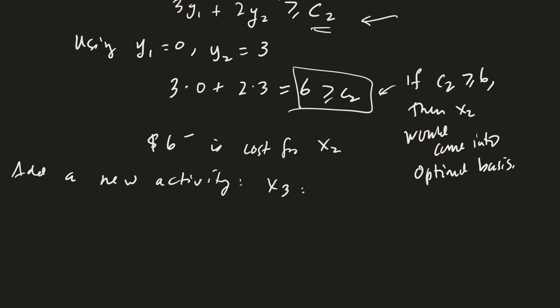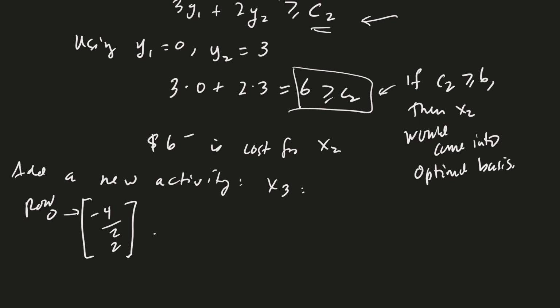And suppose that the column for x3 looks something like -4, 2, 2. So the -4 is in row 0, right? And then I've got 2, 2 for my resources.